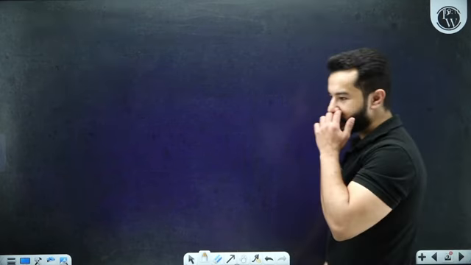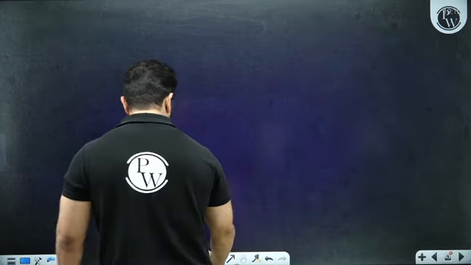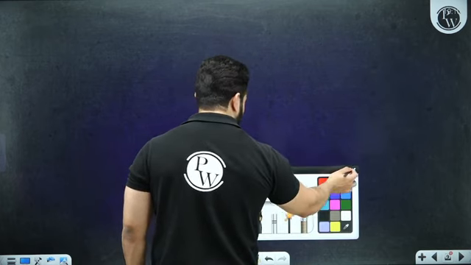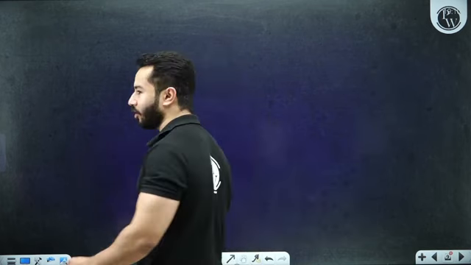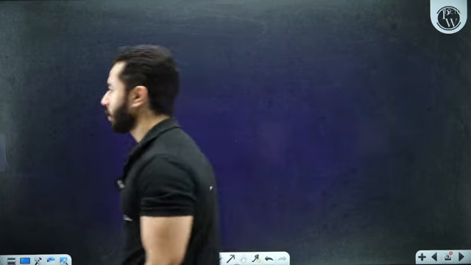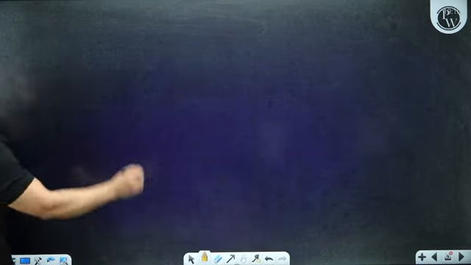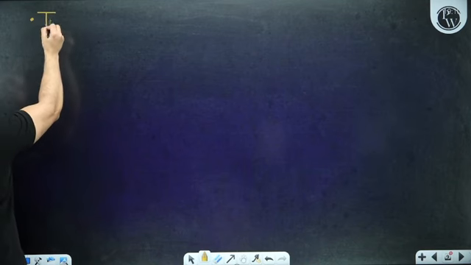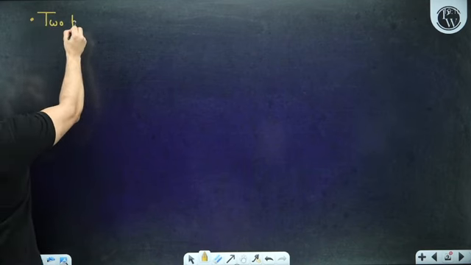Let me also write some of the important points for you. Although these things you can now consider as part of your notes, or these might come up in some questions as well. What are those things? Let's suppose someone says two projectiles.